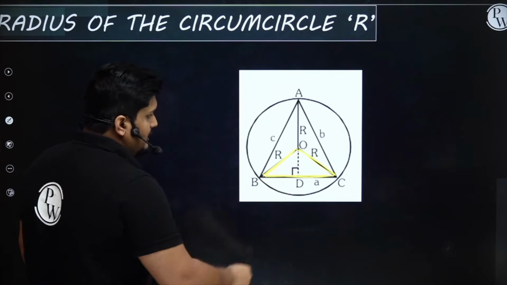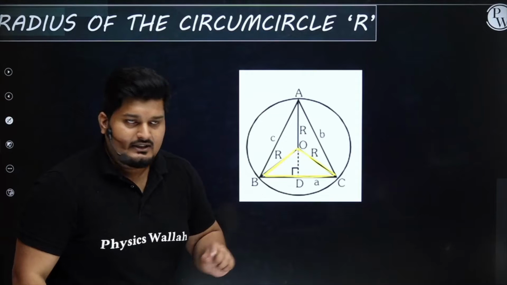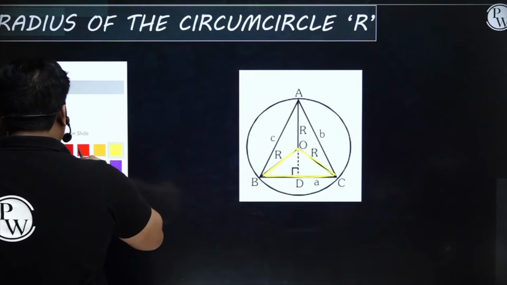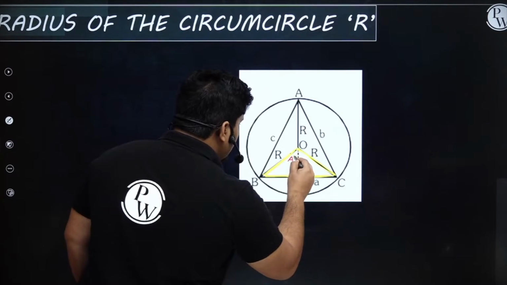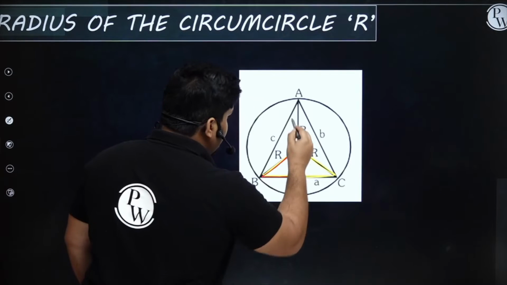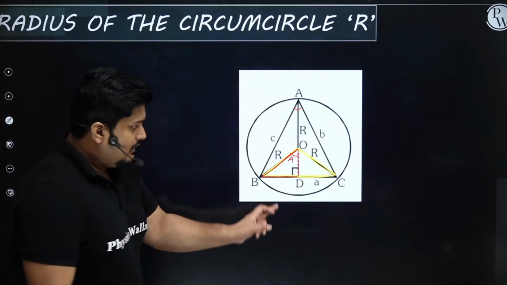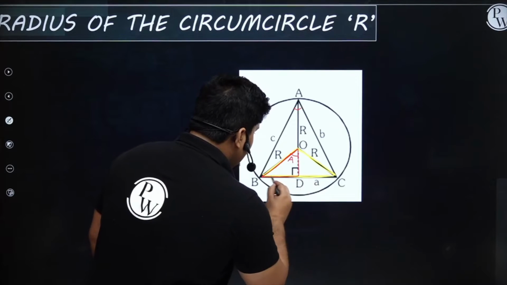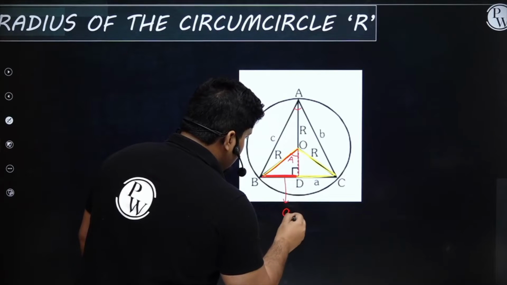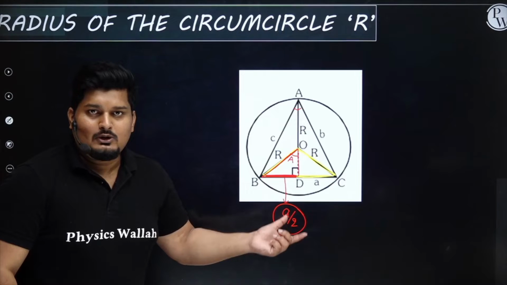If this is R and this is the circumcenter, and this is angle A, then this angle is also A. If this angle is 2A, half of it is angle A. Now if this whole thing is side A, then this length BD will be equal to A by 2.